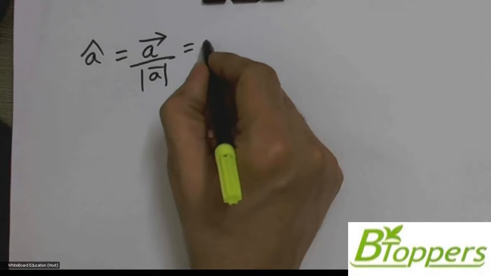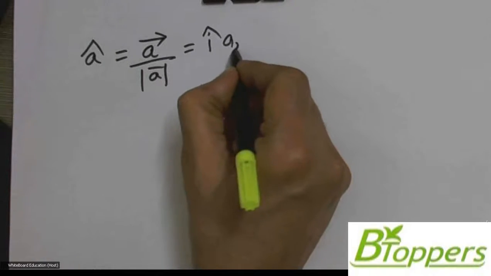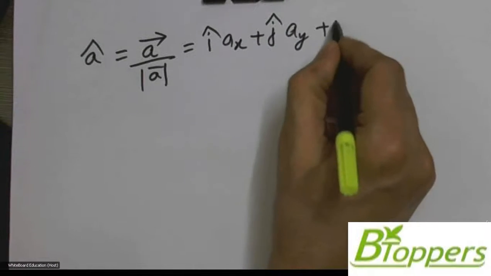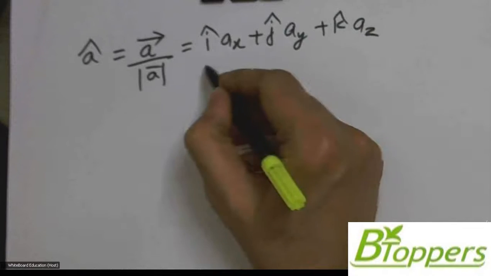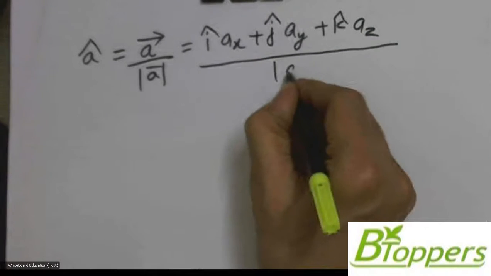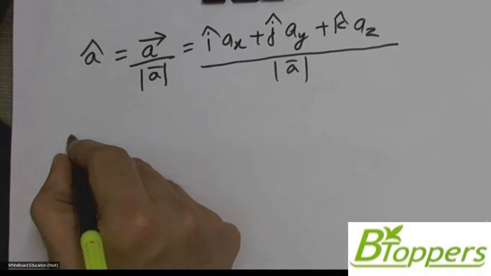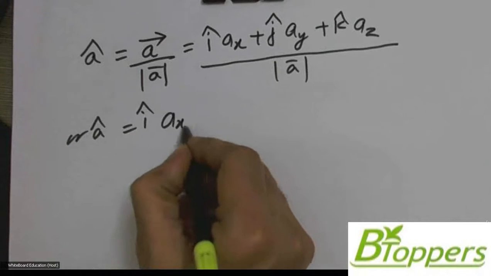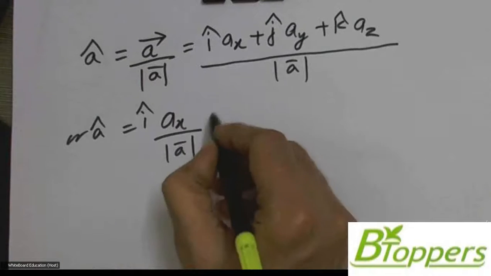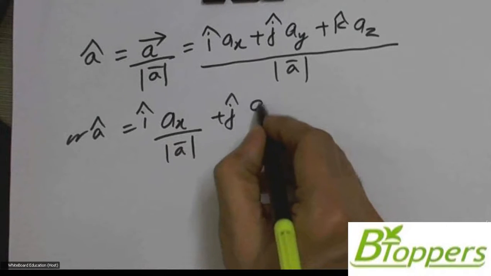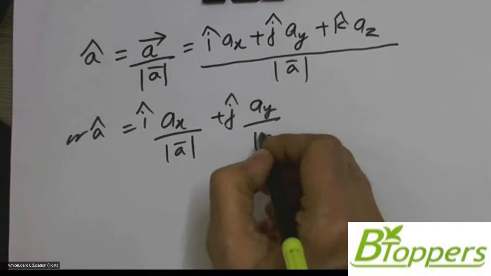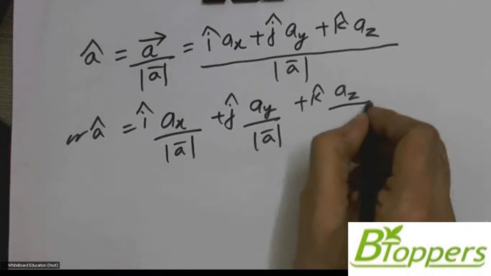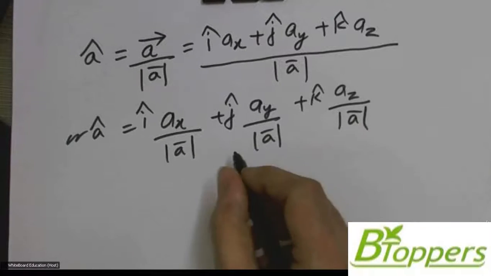A bar can be written as I cap into AX plus J cap into AY plus K cap into AZ. So you can write A cap equal to I cap into AX by mod of A bar plus J cap into AY by mod of A bar plus K cap into AZ by magnitude of vector A bar.